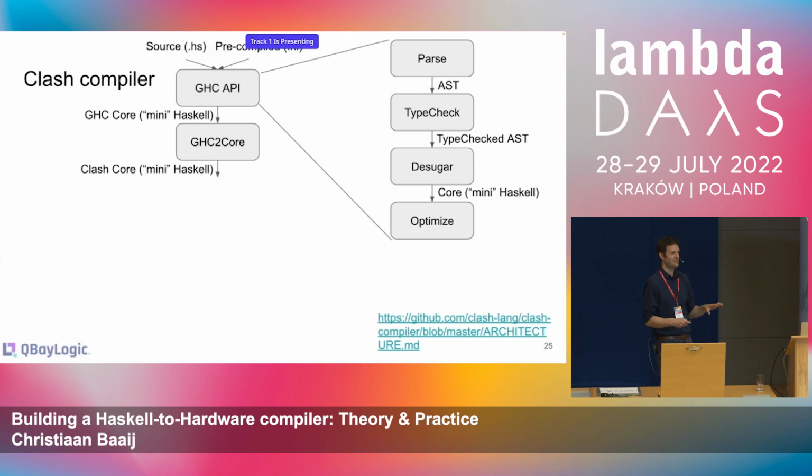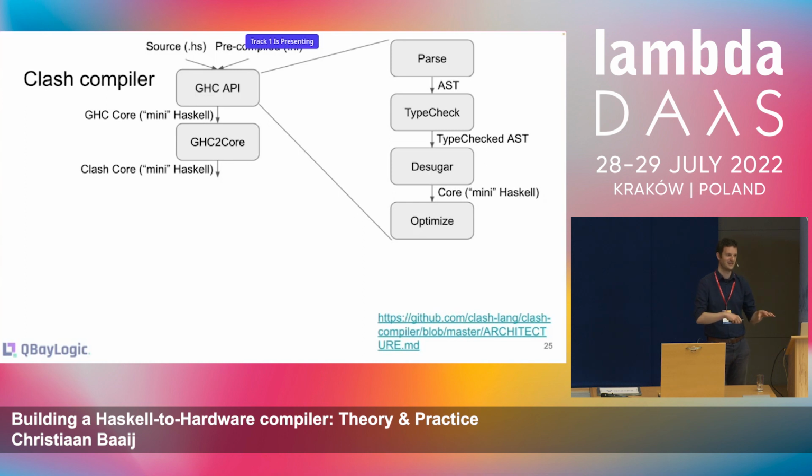Now the GHC API is not really an API, as in it's not stable and not really nice to work against as a programmer. People have referred to it as the GHC assortment of modules. It's really fluid and changes all the time, because they basically expose the internals of GHC as a library, but they are also constantly changing GHC, and the functions that I care about change all the time.